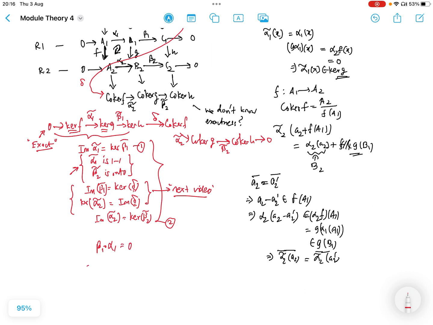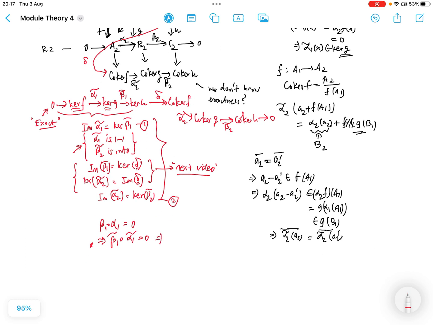And so if you consider these maps, this will imply again simply that this is true, because these are restrictions of alpha 1 and beta 1. That is easy. So from here you will get only one part, that image of alpha 1 tilde lies in kernel of beta 1 tilde. So remember we are proving this one. From here we get one side of that equation.